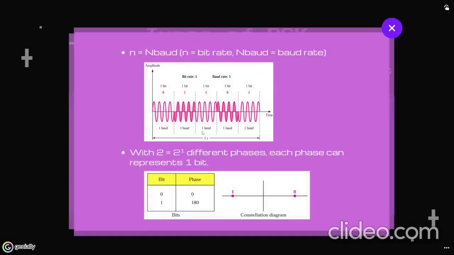And to calculate bitrate, the bitrate value is equal to the baud rate value. With 2 equal to 2 to the power of 1 different phases, each phase can represent 1 bit, and this is a table and the constellation diagram for BPSK.